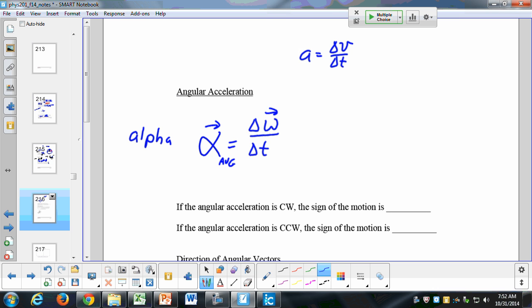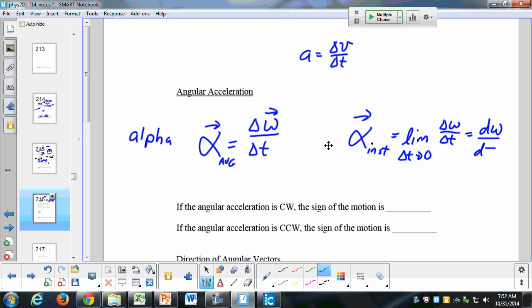And similarly, we can define our instantaneous acceleration at a particular instant as the limit as delta t approaches 0 of delta omega over delta t, which, as we've already said, is the definition of the derivative, d omega dt. Okay? And so clockwise is negative, counterclockwise is positive.